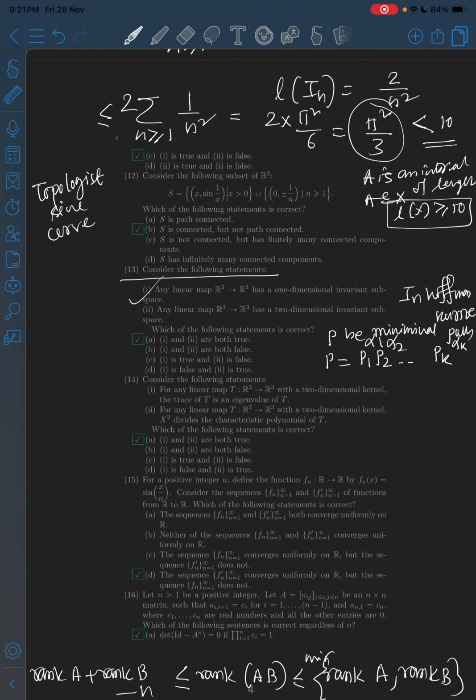Then you can write V as a direct sum W1 direct sum W2 up to Wk, where each Wi is T invariant.